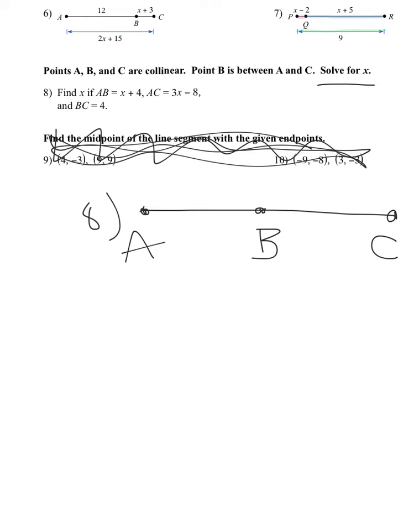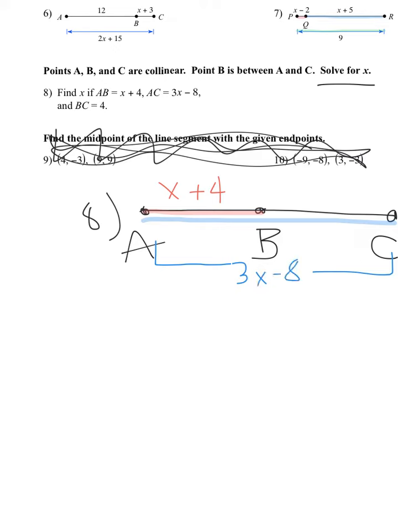They're telling us that AB, from A to B, is x plus 4. From A to C, this total length all the way over, is 3x minus 8.